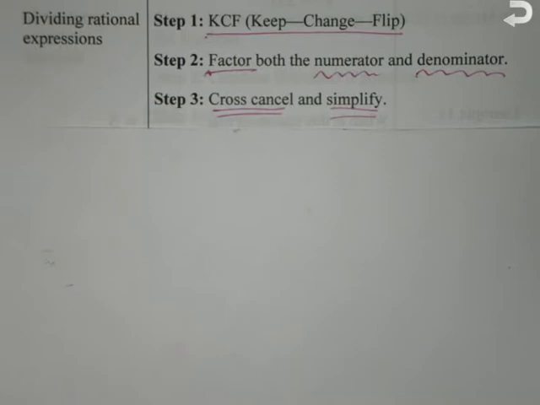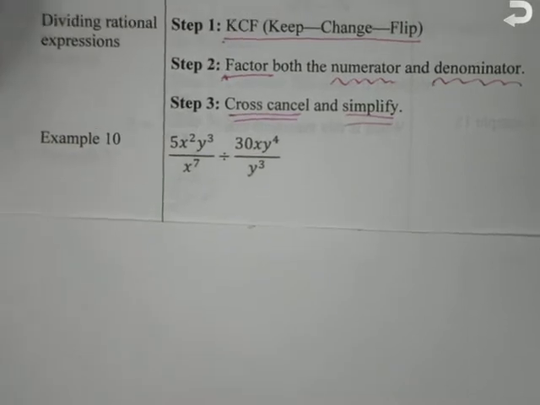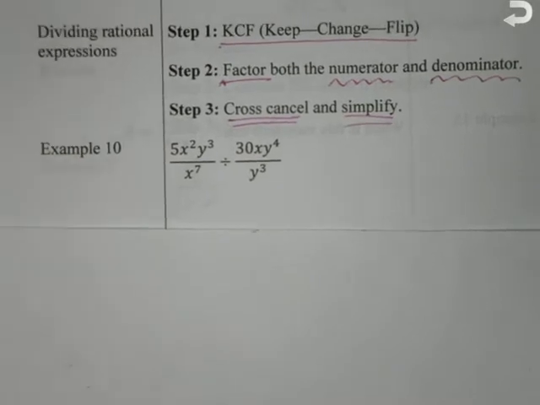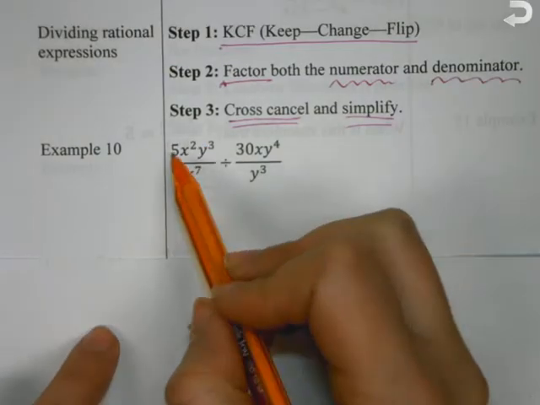Example 10. So basically here, first thing we want to do, we have 5x squared y to the third all over x to the 7th divided by 30x y to the 4th over y to the 3rd. Do not start canceling yet. Do not try and factor yet. You first need to change this to multiplication.